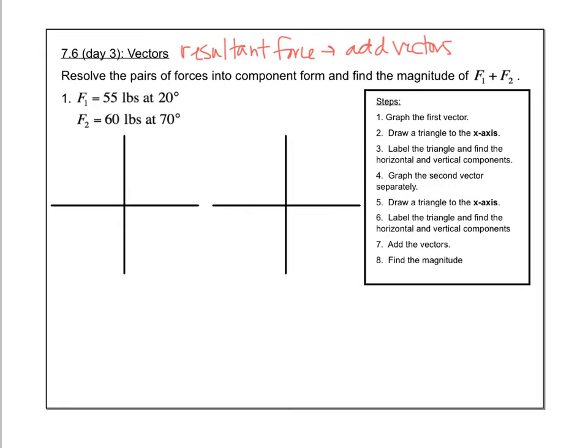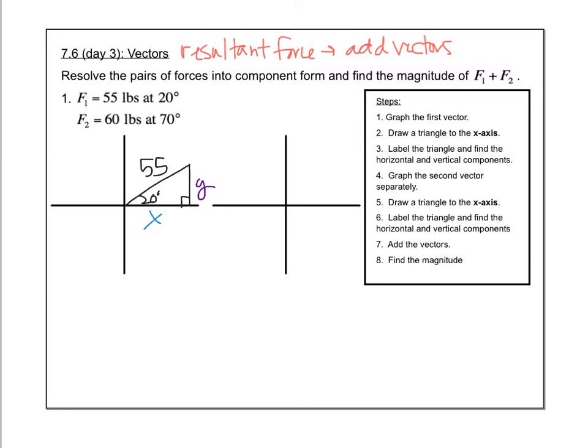Okay? So we're going to go ahead and graph this first vector. Just like we were doing yesterday, make sure you pay attention to what quadrant you're in. 20 degrees would be in the first quadrant. And we know the magnitude is 55. I'm going to find the x, and I'm going to find the y for that one.